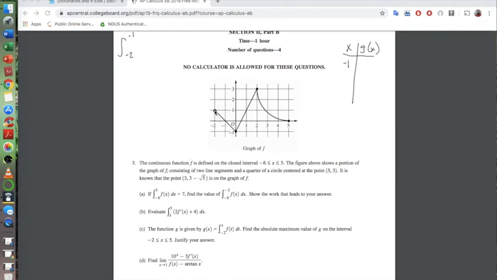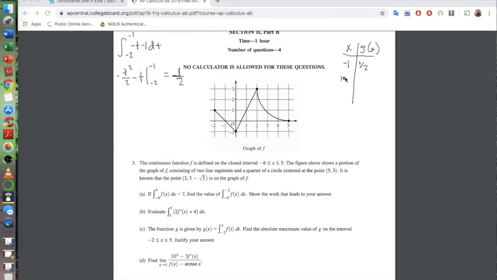So we've got negative t minus 1 dt. And this is exactly what we did in the previous example. So we end up with negative t squared over 2 minus t from negative 2 to negative 1. And we can take that out. We get 1/2 as our answer.